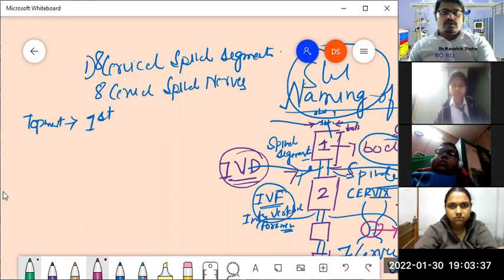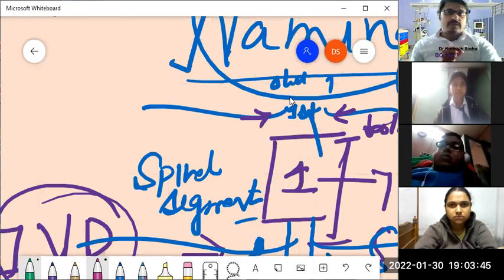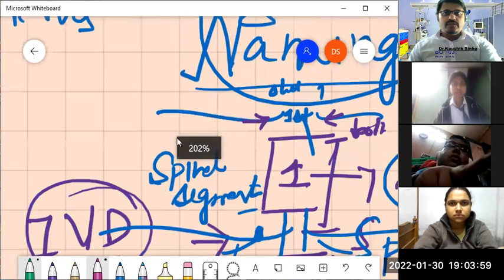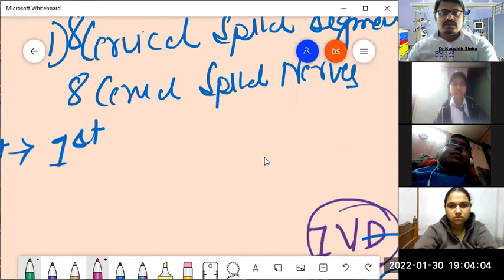So the topmost spinal segment is present in between the skull, to be more specific the occipital bone of the skull on the top, and the atlas, that is the first cervical vertebra, on the bottom. Since the first cervical spinal segment is present here, we will refer to this as the first cervical spinal nerves.